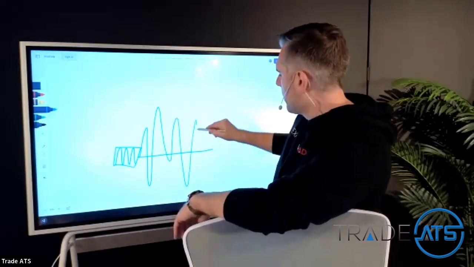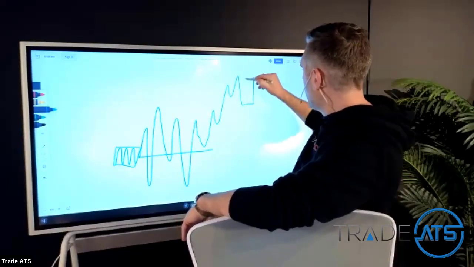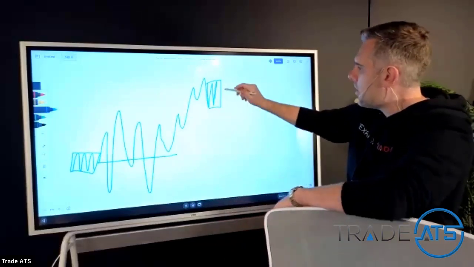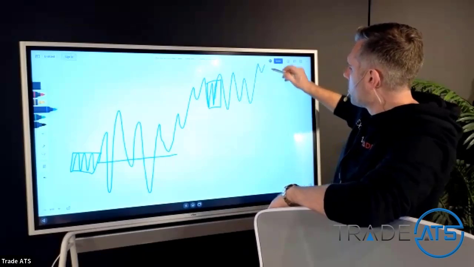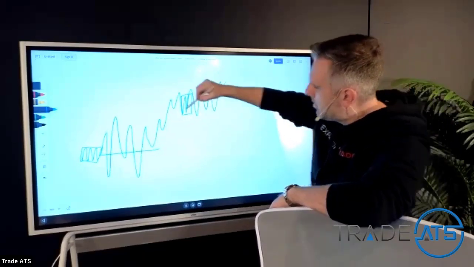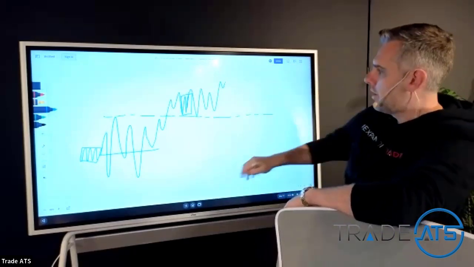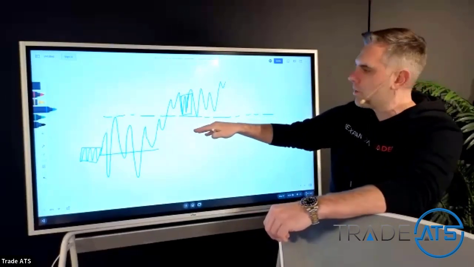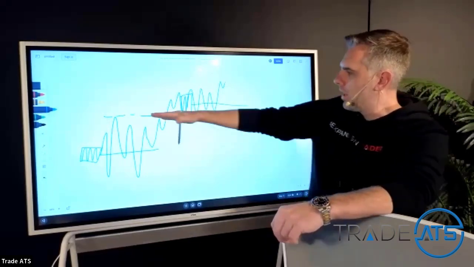It'd be kind of crazy here, and then eventually we would move up, and then we would see a new box like that, and then we would start to see this hold up above like that, and we would see clear separation from the swing high point up to here. So the cycles themselves, the expansion, are now separated.